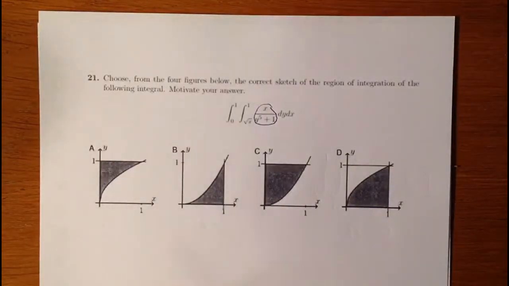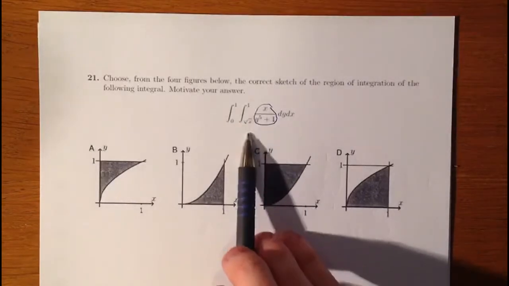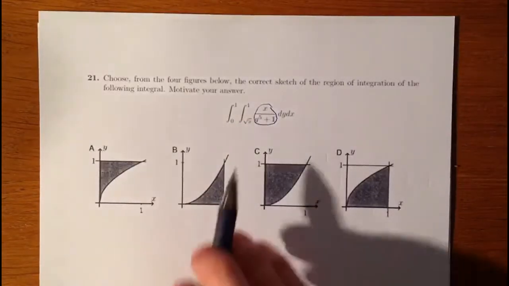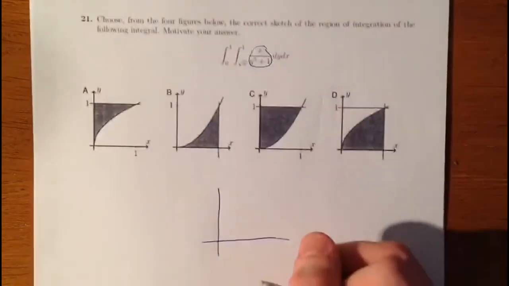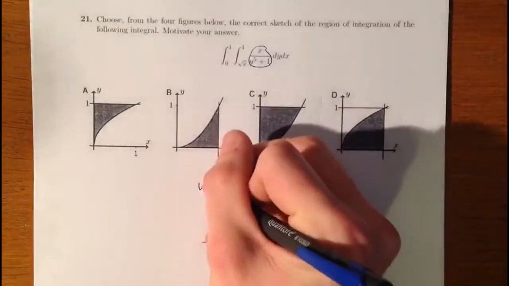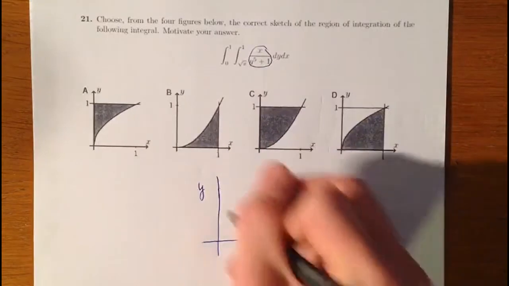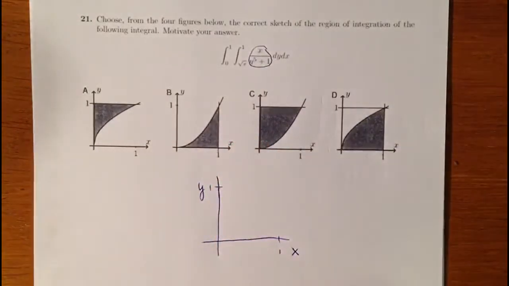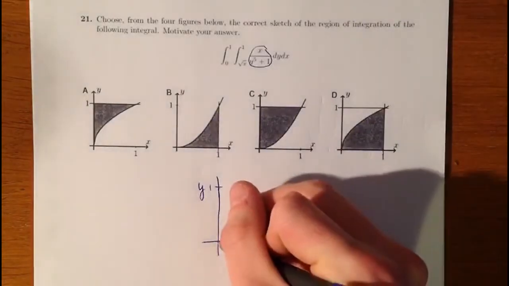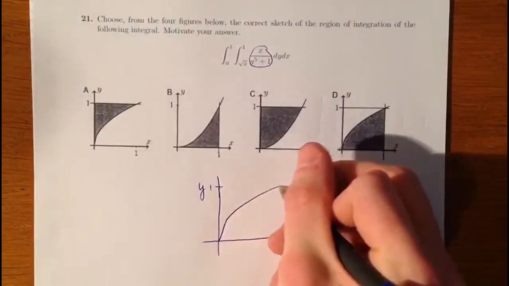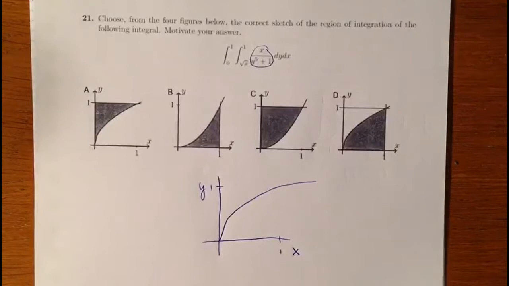But now we have our y boundaries. So if we take a certain interval on the x-axis and the y, you have the square root of x, which is something like this. And we have the interval 0 to 1.